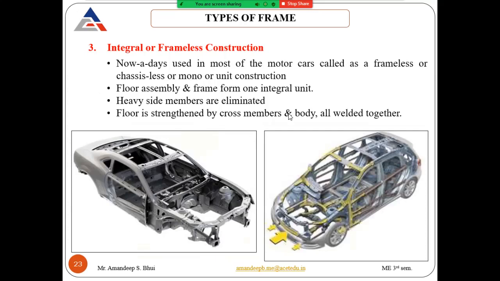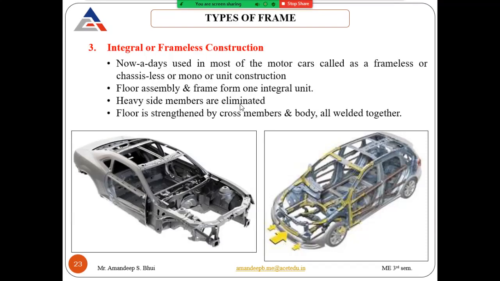So nowadays, this type of frame construction is being used in modern cars. This is known as frameless or chassisless, or also as mono or unit construction. So the chassis and the body are integrated into each other totally, fully. The floor assembly and the frame form one integral unit.